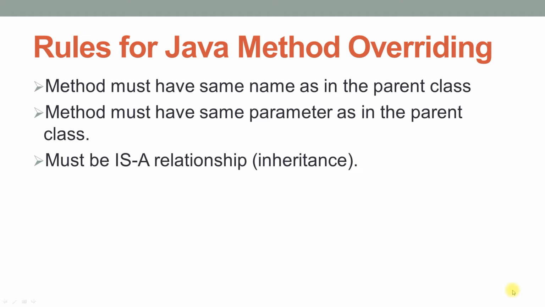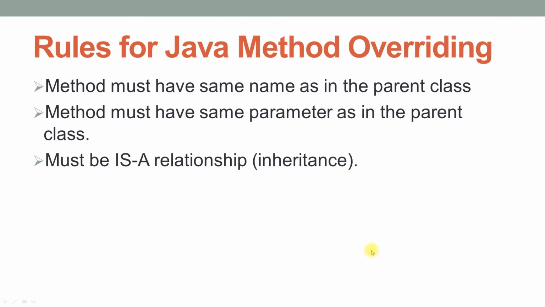B is a child of A. That is an IS-A relationship, or child-parent relationship. Simply, we can say method overriding can only be used with inheritance. That is, a minimum of two functions should be there. The first function should be defined in the parent class, then the same function is redefined in the child class. That is all about method overriding.